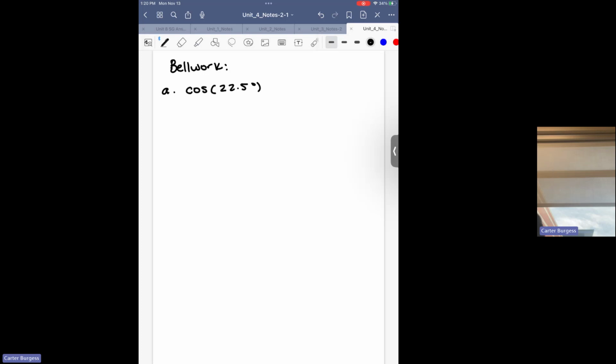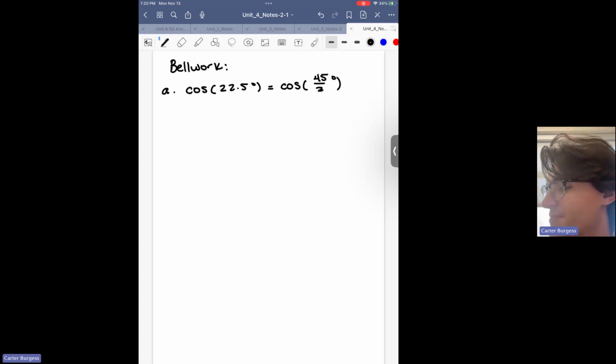Probably using the half angle script that we looked at on Friday. How can I reformat this expression to be in terms of an angle that I know? Yeah, this is the same as cosine of 45 over 2 degrees.